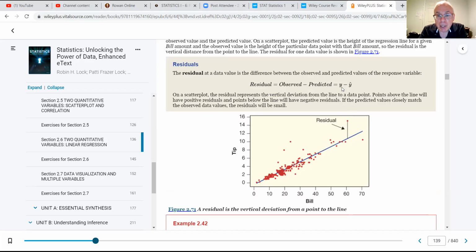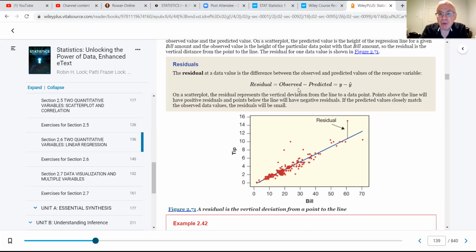And we're looking strictly at the response variable here. So the observed is always first when we calculate the residual, and then we subtract the estimated Y after we plug the X into that equation. A residual only exists for an observed value in the data set. If there's no observed value, there's no residual because there's no Y. Then we're just dealing with the prediction.